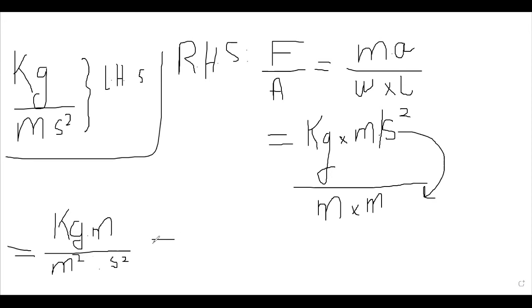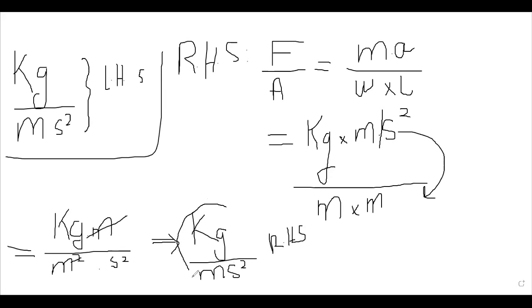We simplify it further, m goes with the m square, and we are left with just 1m, so it's kilograms per meter second square. This is the right hand side. What we found is that right hand side is exactly the same as left hand side.